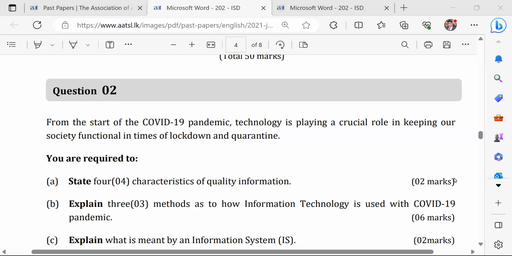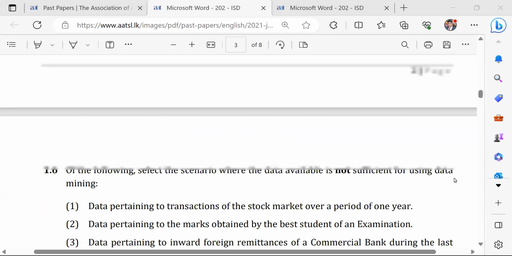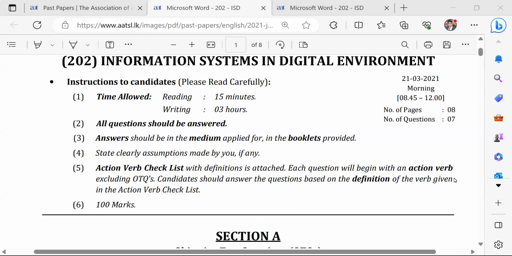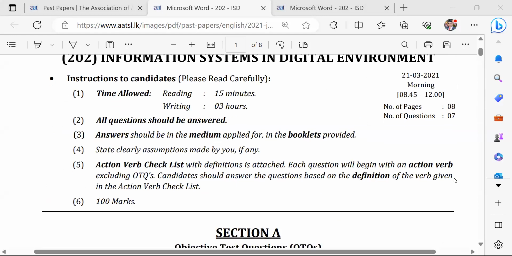Right, okay. First let me explain the structure of the paper. I think you know this already. Anyhow, let me explain. You have 3 hours and 15 minutes.